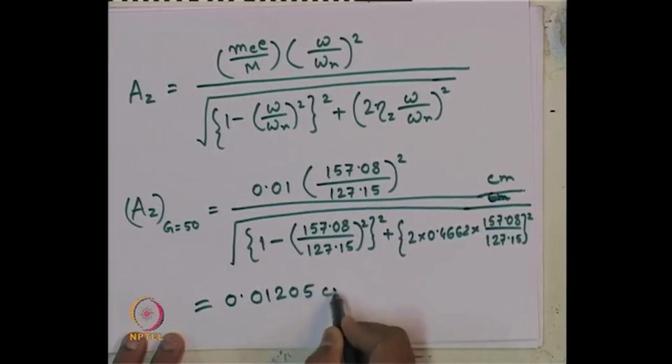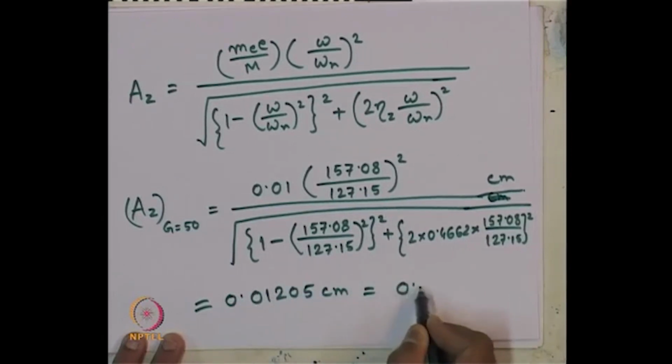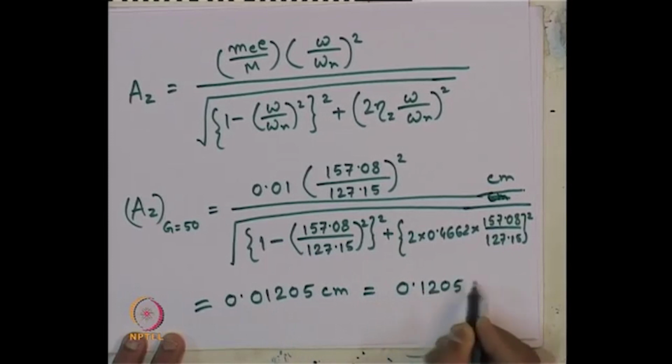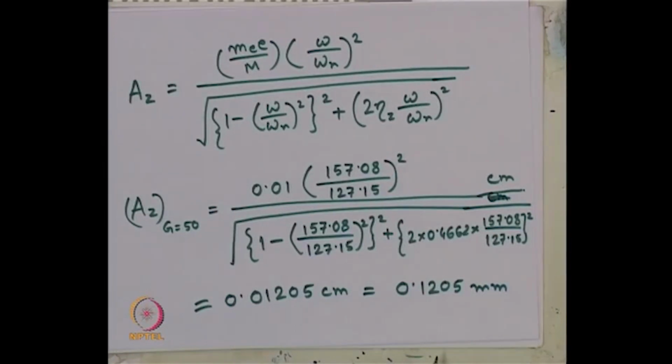0.01205 centimeter, which is nothing but 0.1205 millimeter. There is no need to calculate this one actually. Why? Do you remember earlier also I have said, if the load in constant force type and rotating mass type are the same, then at the same operating frequency, the displacement amplitude will also be the same.